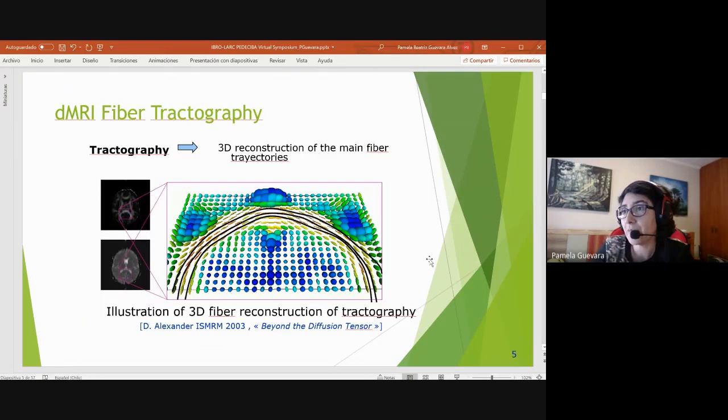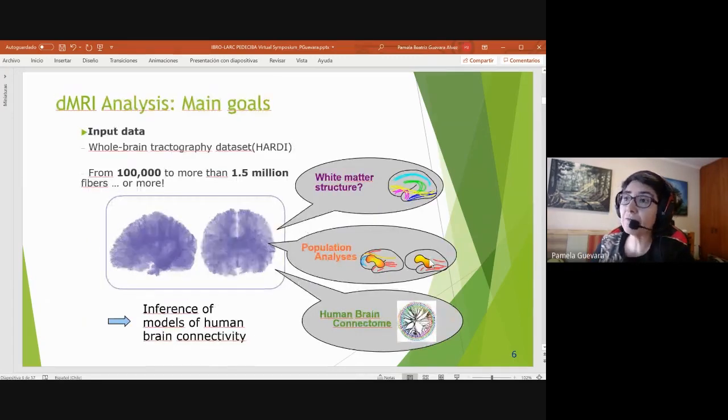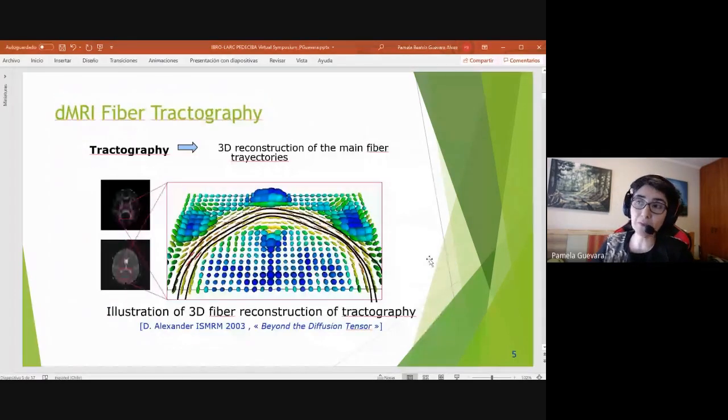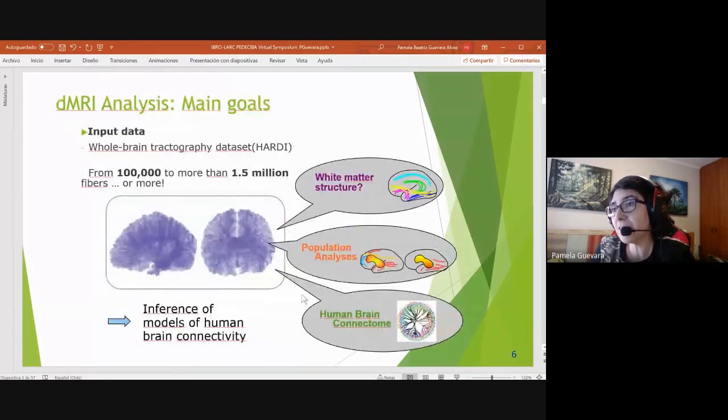So when we calculate the tractography for the whole brain, we use it in all the white matter, and we calculate all the fibers that we can reconstruct with the information we have. And we have this kind of data, for example, of about 1 million fibers.